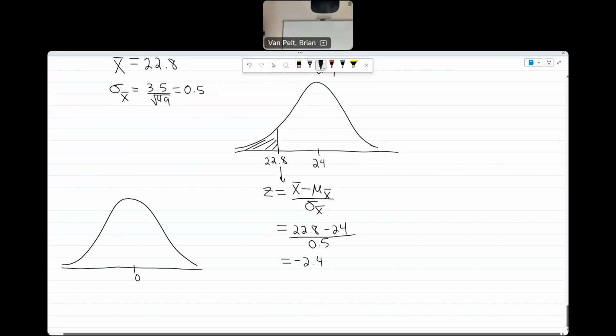X. You guys get all my numbers here? -2.4 was my Z value.